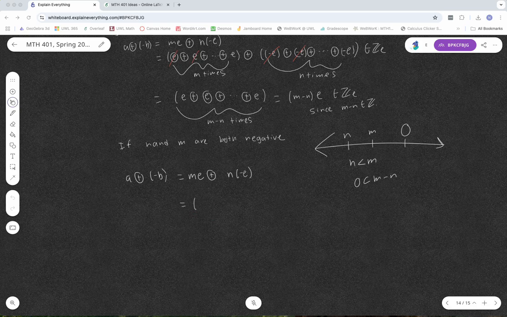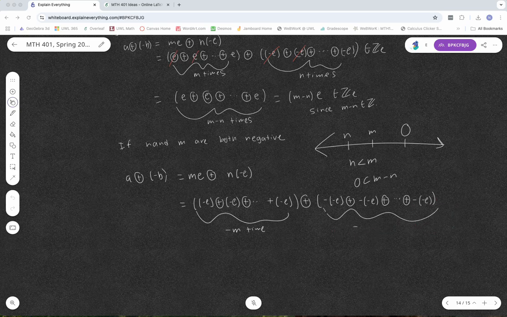So negative E plus dot dot dot plus negative E. How many times? Negative M times. And then now since N is negative, we have negative E. So this will be negative E plus negative E plus negative E, negative N times.